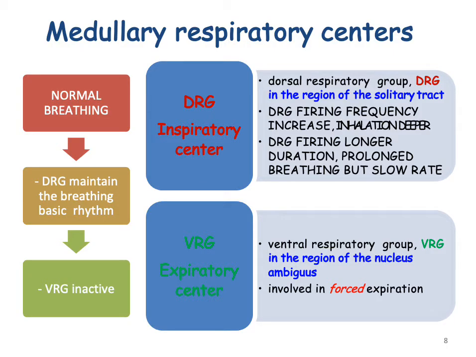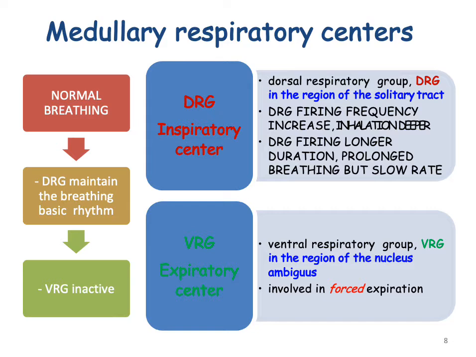In normal breathing, the dorsal respiratory group or inspiratory center generates nerve impulses every 2 seconds. This will provide the basic breathing rhythm, and the VRG or ventral respiratory group is inactive.